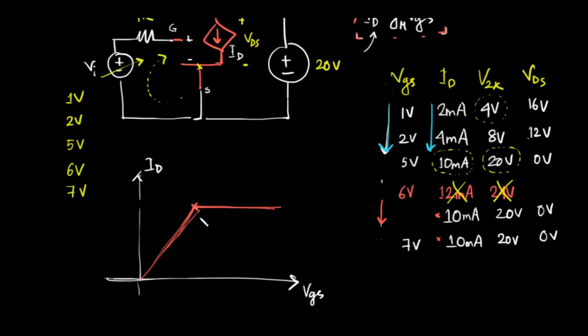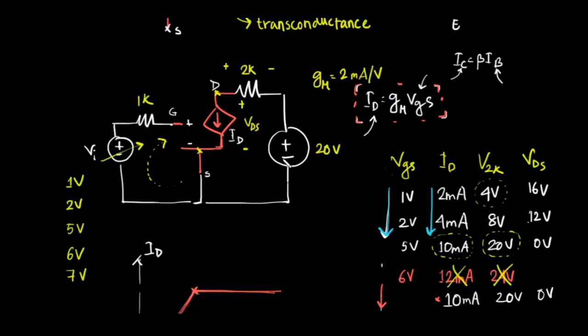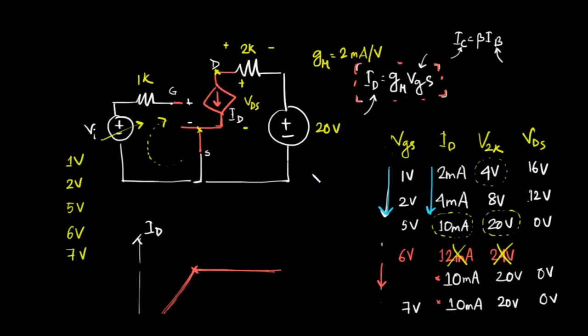So when ID becomes constant, you can see that VDS becomes constant at 0 volt, right? So exactly like the BJT, if VDS is constantly at 0 volt, then this will be equivalent to a short circuit.